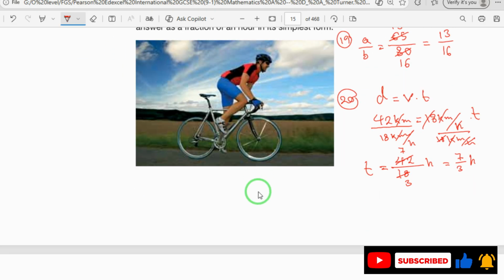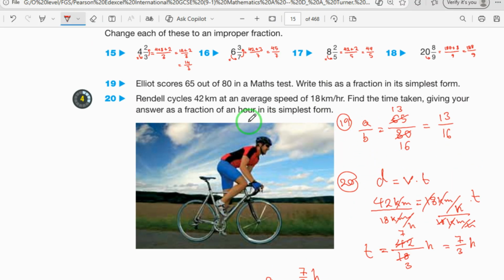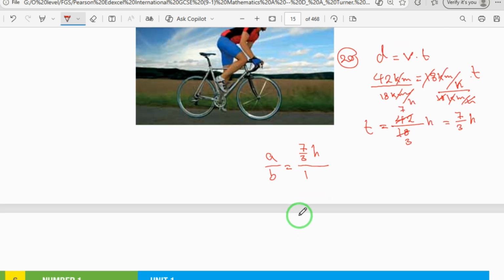You know that a fraction has two parts, numerator and denominator. Here the numerator that we gained is 7 over 3 hour, and b is 1 hour. They said just an hour, so we write an hour here. Hour by hour simplified, so the final answer, the simplest form of this answer, is 7/3.